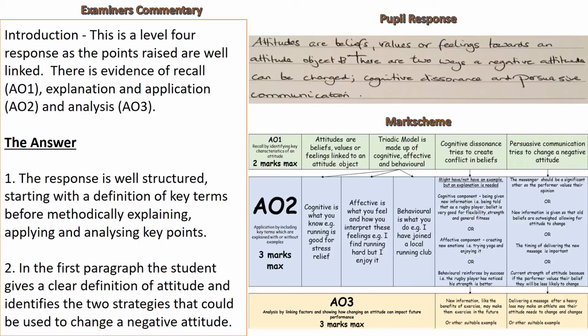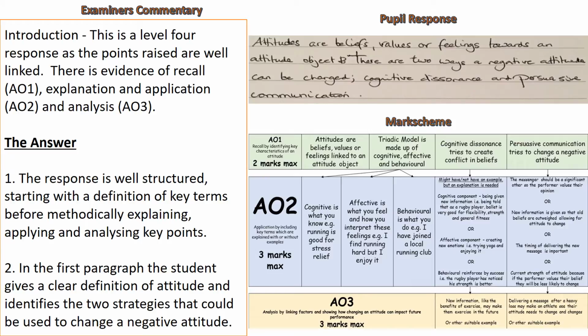I'd now like you to get 3 highlighter pens and have one colour for AO1, one colour for AO2 and one colour for AO3. For the examiner's commentary, all I want you to do is just read the introduction, and underneath the heading that says the answer, I just want you to read points 1 and 2.